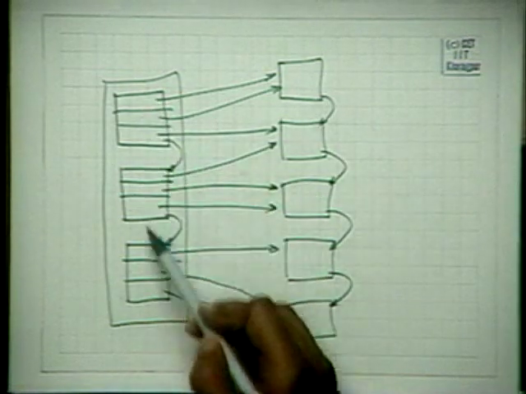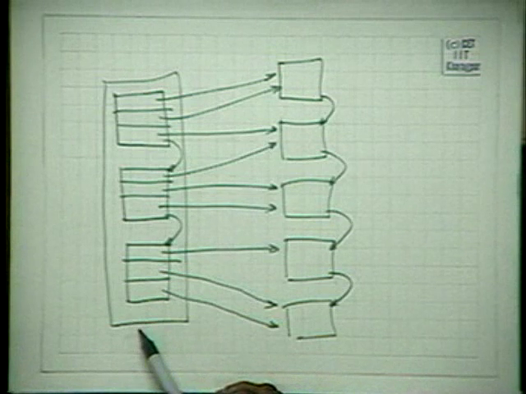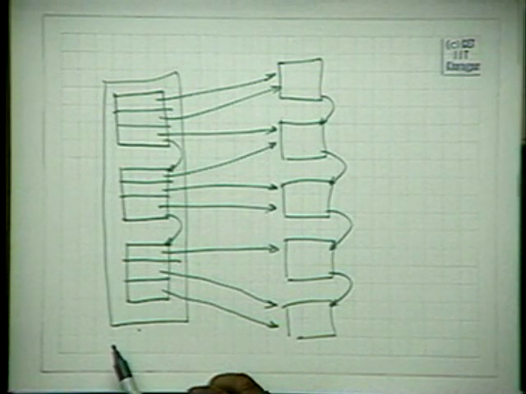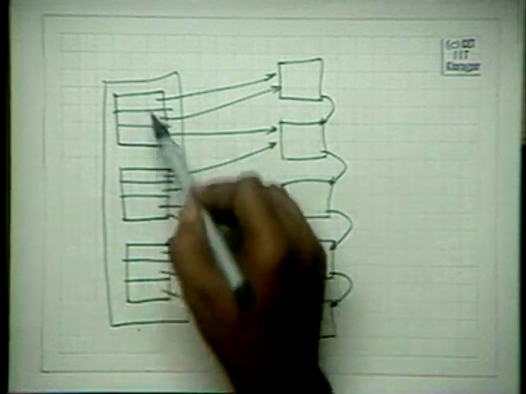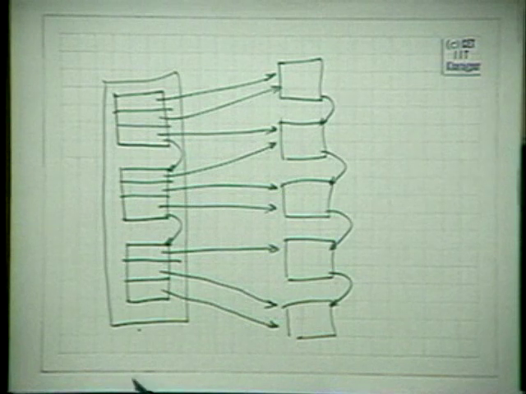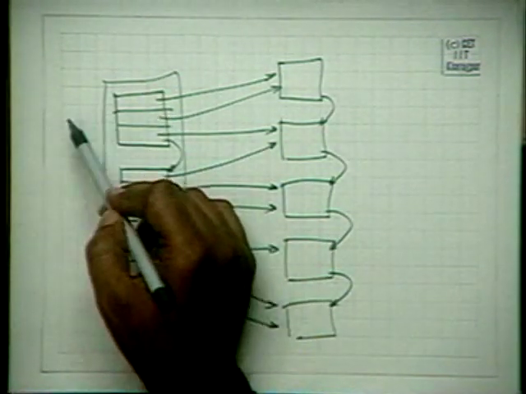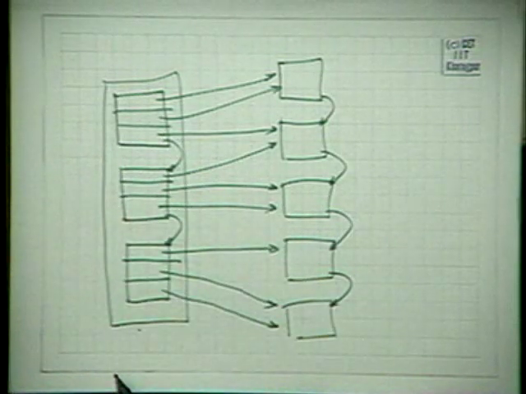If it is a dense indexing, it is fine, I have got all the elements. The idea is, why don't we index the index file? Instead of searching this whole thing, because the index file may be a huge file itself, why don't we index the index file?